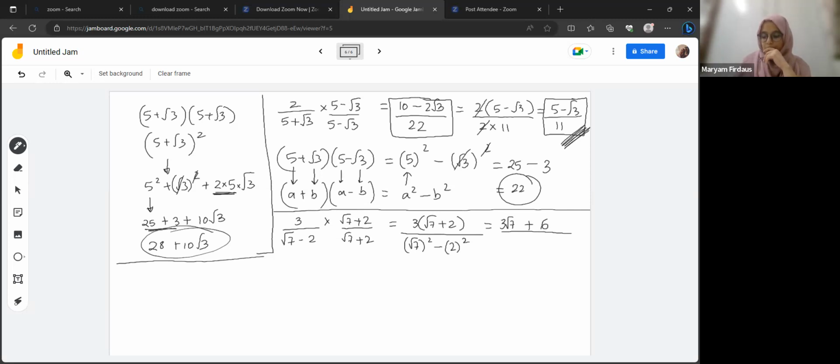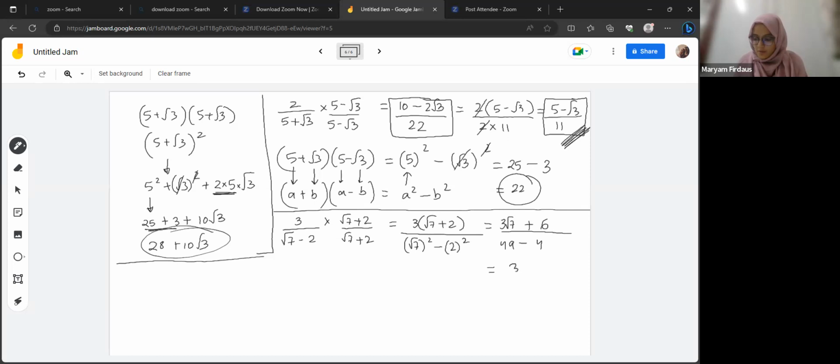Now let's come to the denominator. 49 minus 2 square. What is 2 square? 4. Now solve the denominator and tell me. 45.